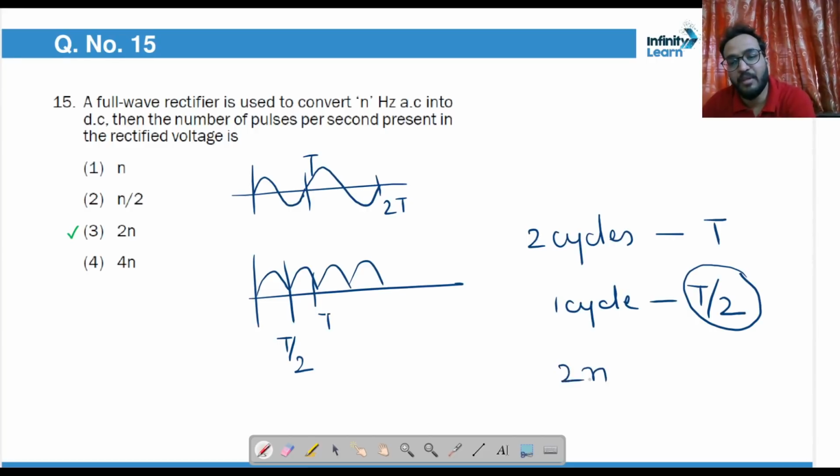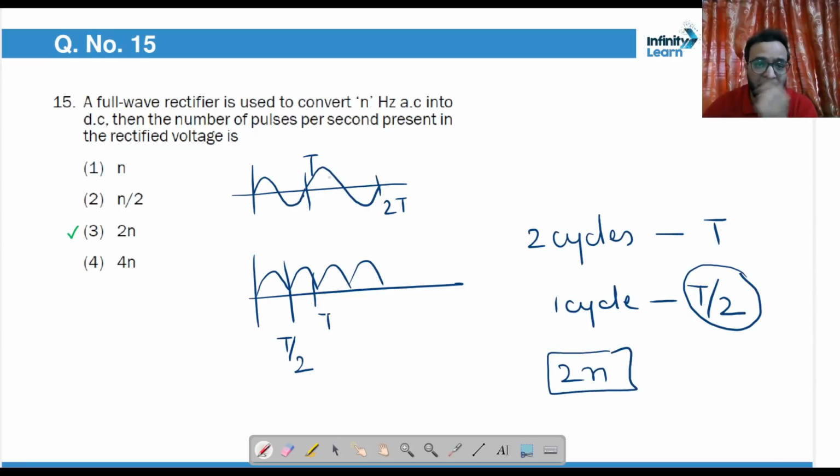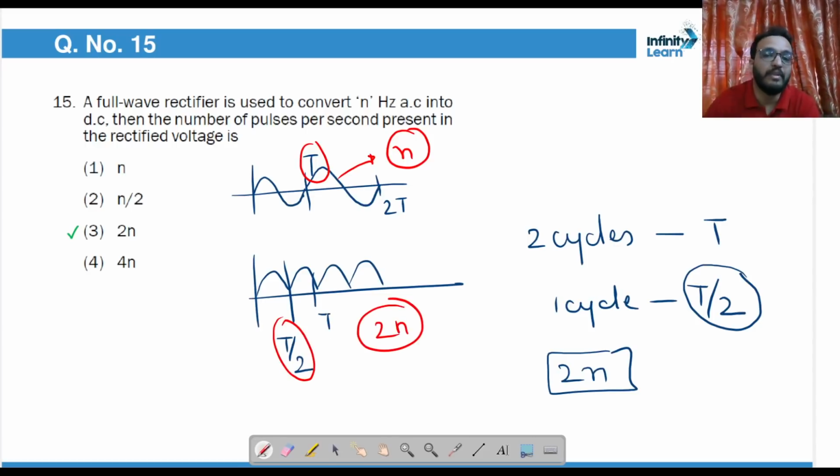So it will be 2n now. You understand? So if initially the time period was t and frequency was n, now the time period will be t by 2 and frequency will be 2n. Okay, right? Simple reason. See, time period is inversely proportional to frequency. So if you cut the time period in half, then the frequency will become double, right?